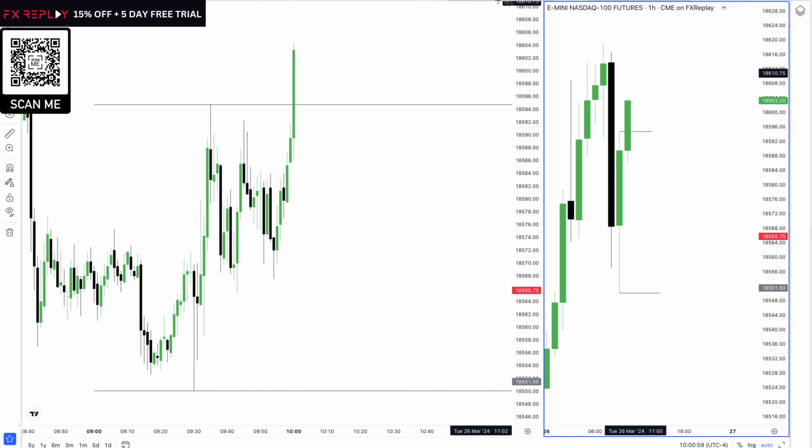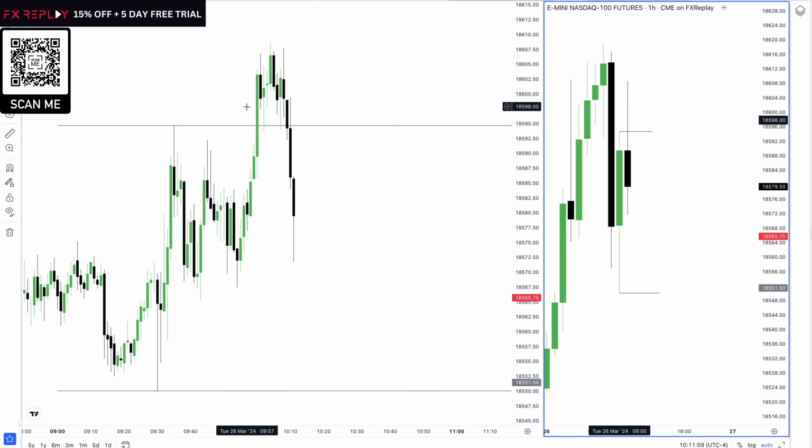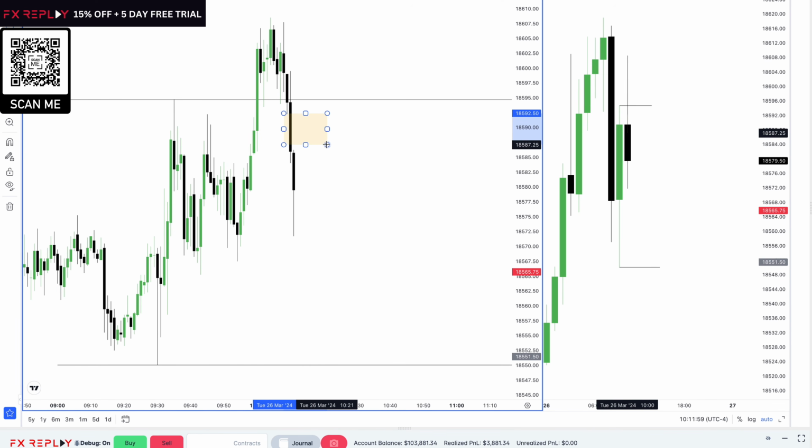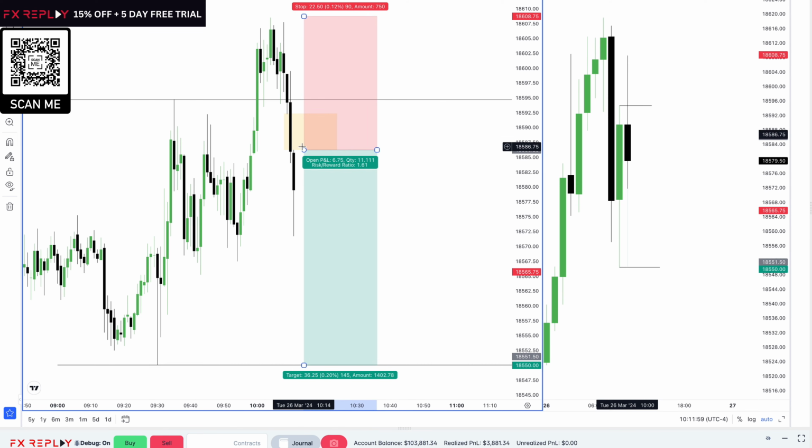Here at the 10 a.m. open, we sweep the high. Now I have displacement lower, leaving a fair value gap. Now I want to target for at least a 1 to 2.